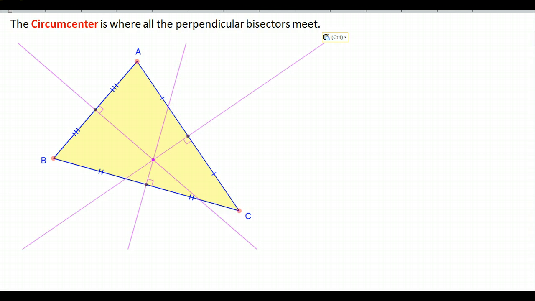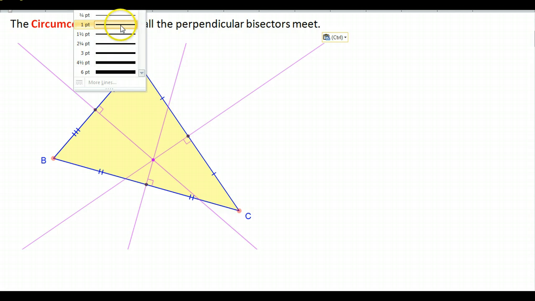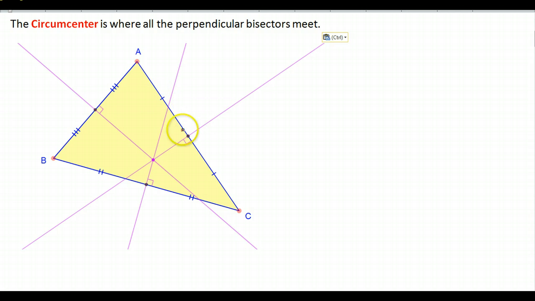So if you look carefully, all of these pink lines are perpendicular bisectors. Look at each one. This is perpendicular, and it's cutting this side in half. This line is perpendicular, 90 degrees, and it's cutting side BC in half.